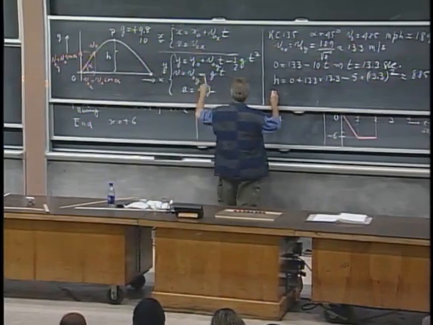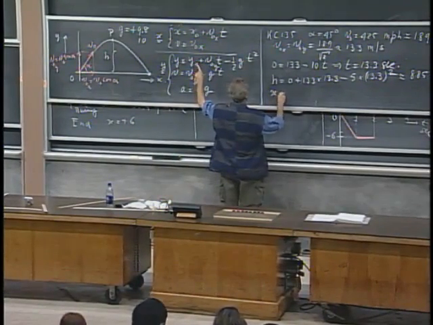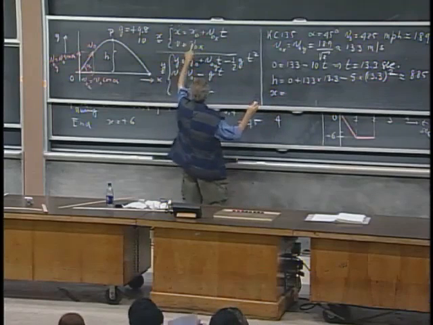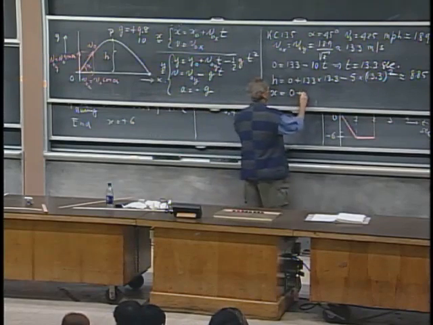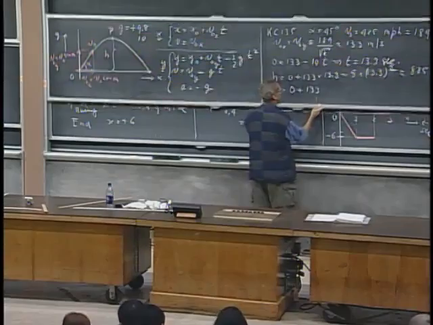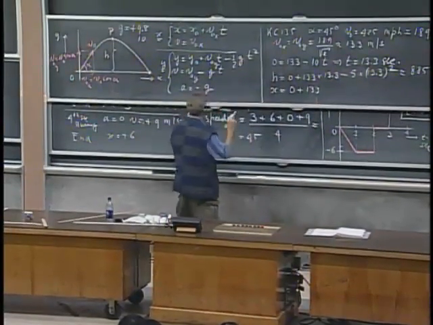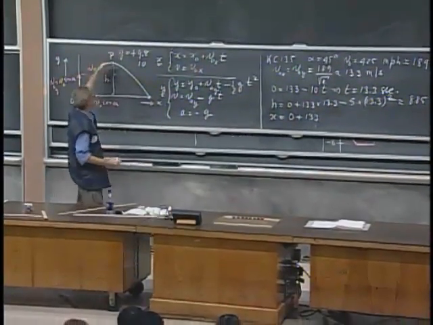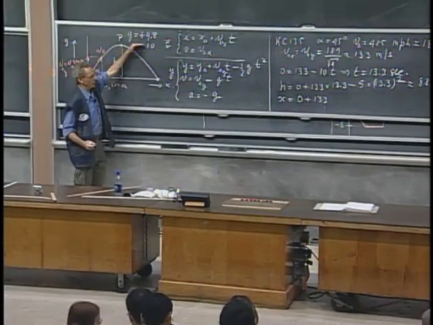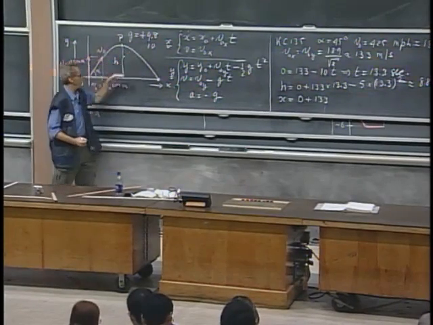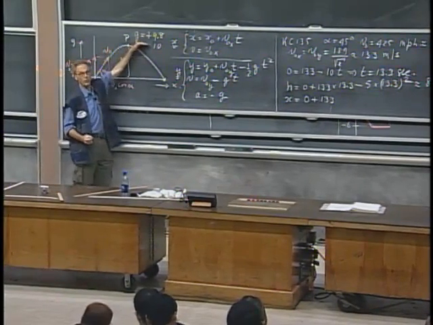So I say, aha, x then, when it is back at this point, must be x0, which I conveniently choose 0, plus 133 meters per second, which is the velocity in the x direction, which never changes. When the plane is here, that velocity in the x direction is the same 133 meters per second as it was here, which, by the way, is about 300 miles per hour.